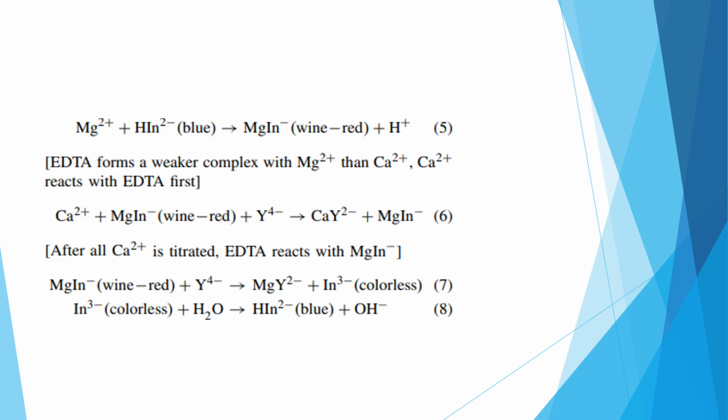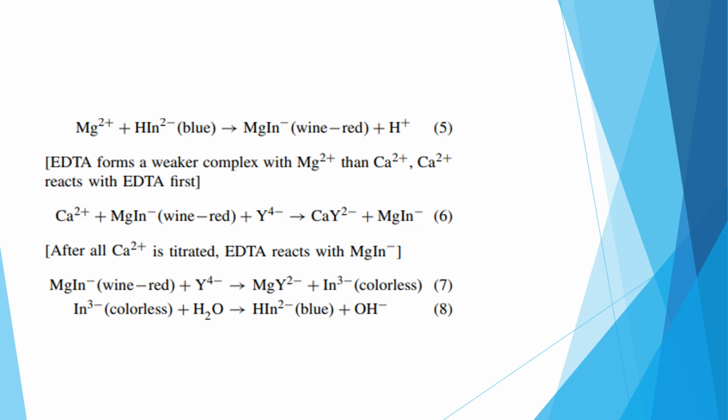Now let's see when Mg plus 2 reacts with HIn2 minus, which is blue in color, it gives MgIn minus, which is wine red in color, and a proton, H plus. EDTA forms a weaker complex with Mg than with Ca plus 2.